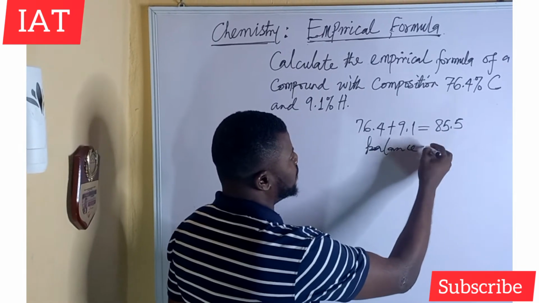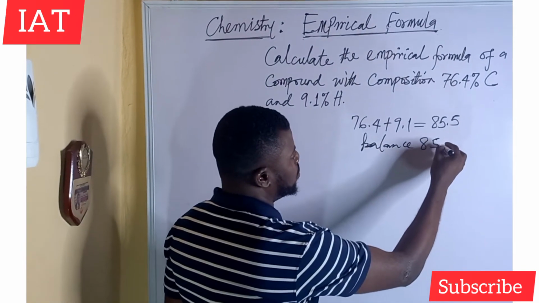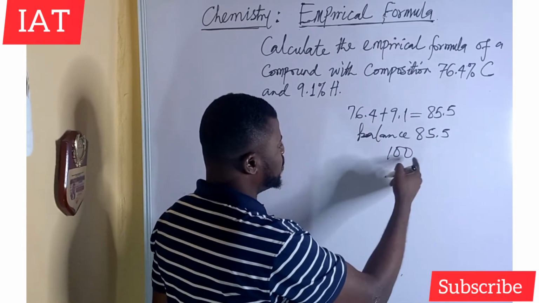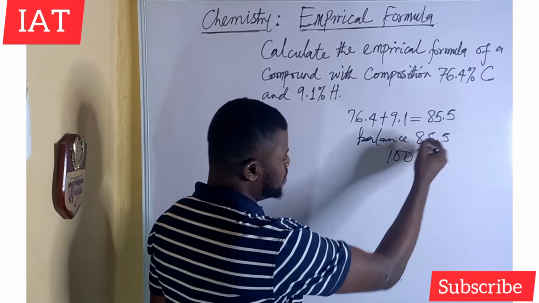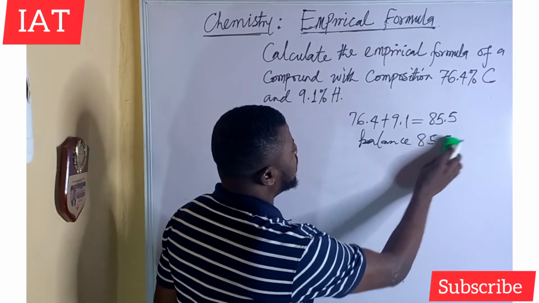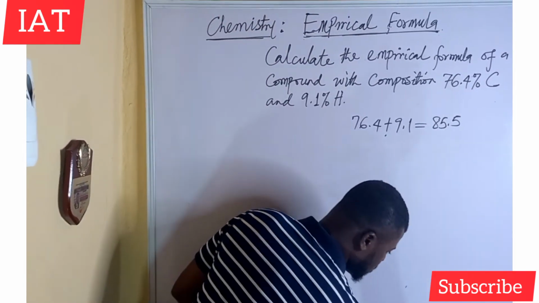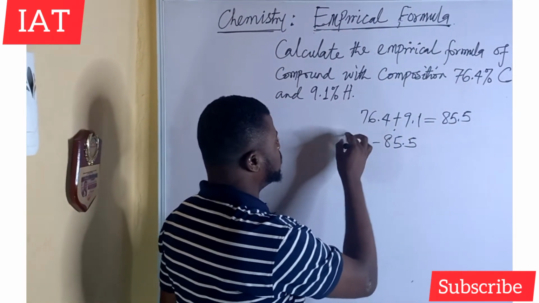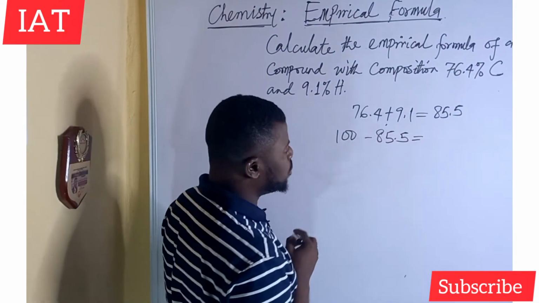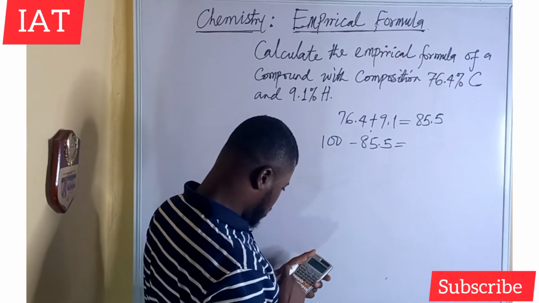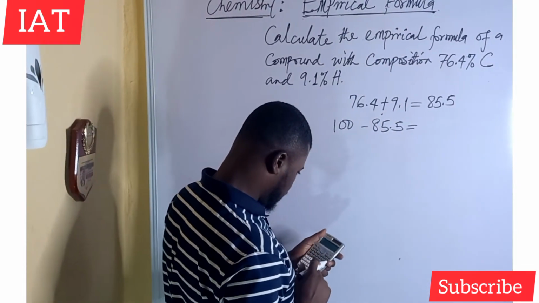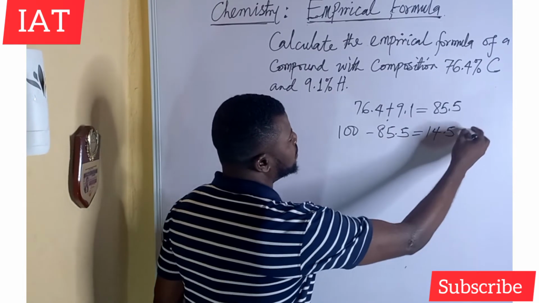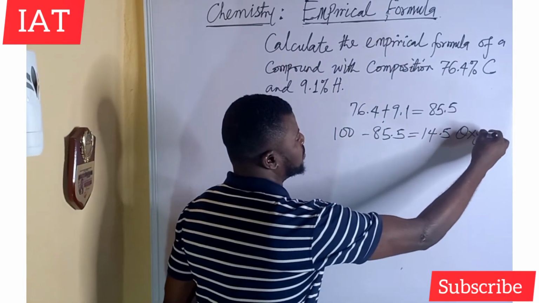By the time you subtract 85.5 from 100, the result you have will be 14.5. So this 14.5 will be for oxygen.